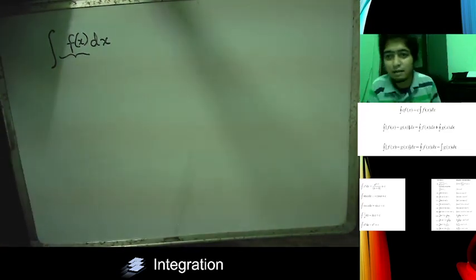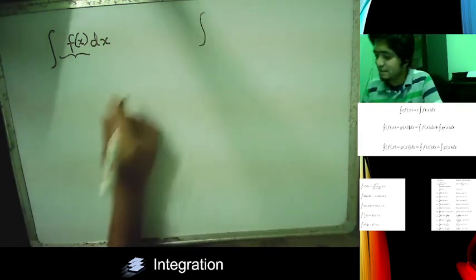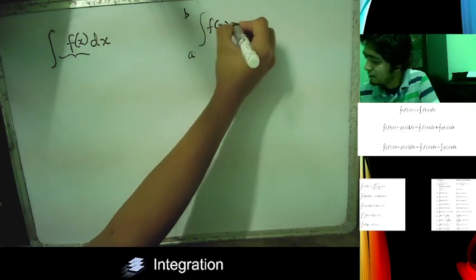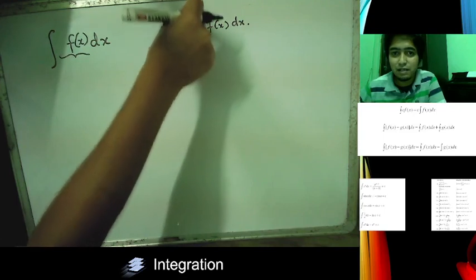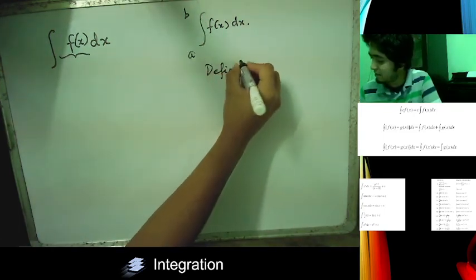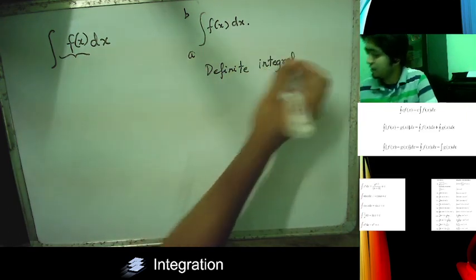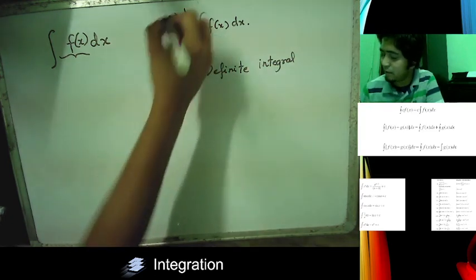But we can also interpret integration, indefinite integration, in another way. What we had learned is that there is an integration which looks like this, which we call a definite integral. By definite integral, we mean that we have the limits a and b.